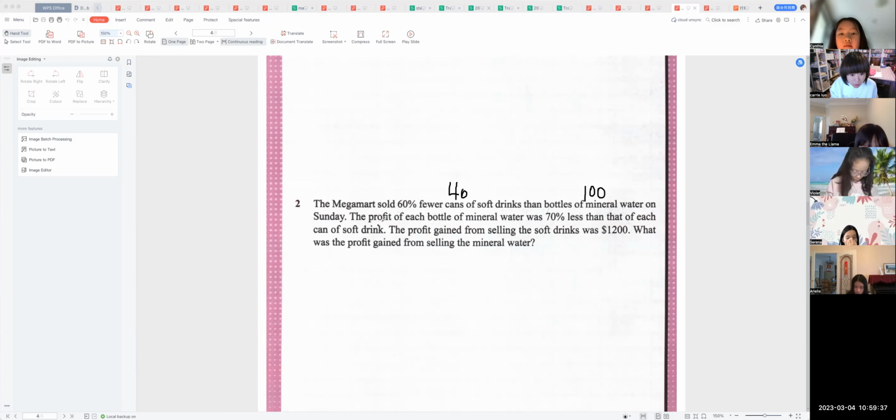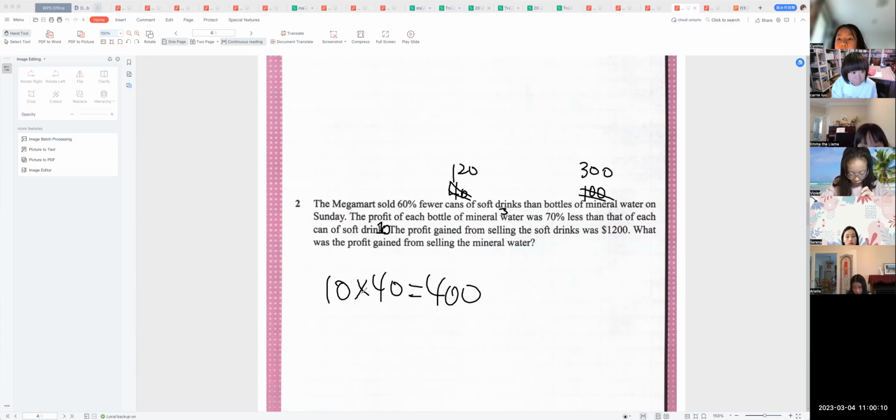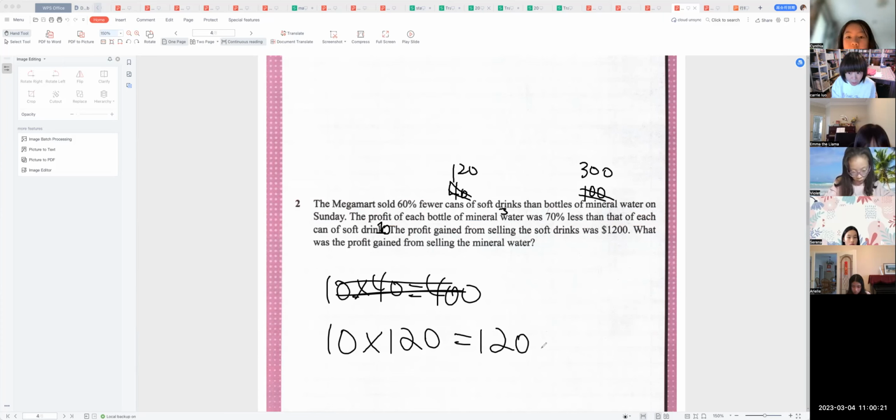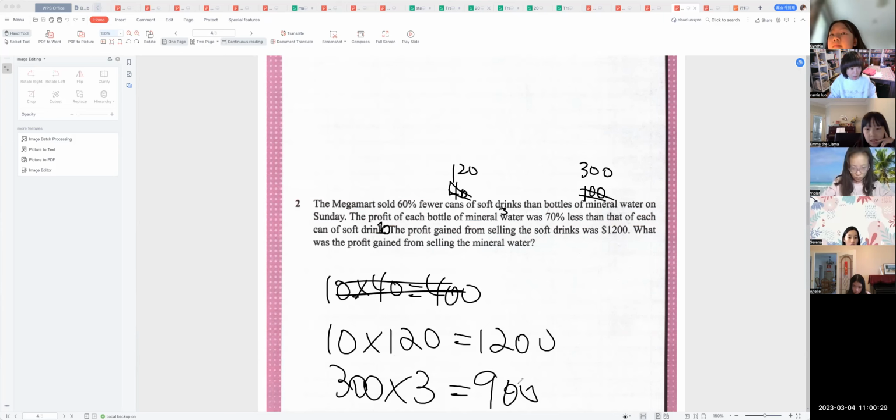So that means if each of the soft drink you make $1 and the mineral water you only make 0.33， 那我这个时候我会把它变成10和3。为什么？你不想做 decimal 嘛，对不对？你整数会好很多嘛。他说 the profit gain from selling the soft drink is 1,200。好了，你看看啊。那10乘以40只有400，说明这里不对啊，那怎么办？我们换一换好了吧？那我这里变成什么？等于300瓶，这里就变成120瓶了。Get it？ 对不对？我说一共有300瓶 water， 然后120瓶 soft drink，然后他们的 profit 还是10和3，可不可以？可以啊。那你看我10乘以120就等于1200了。So what is the profit gained from selling the mineral water? 300 times 3 equals 900, and you get it done.